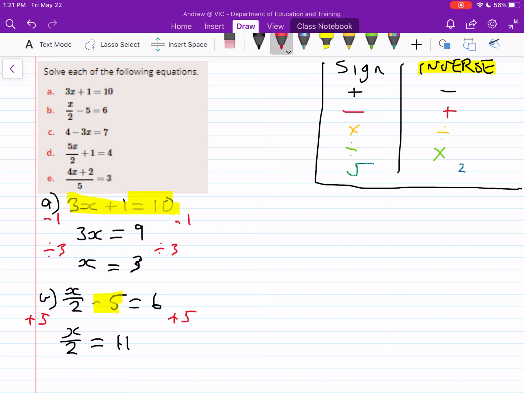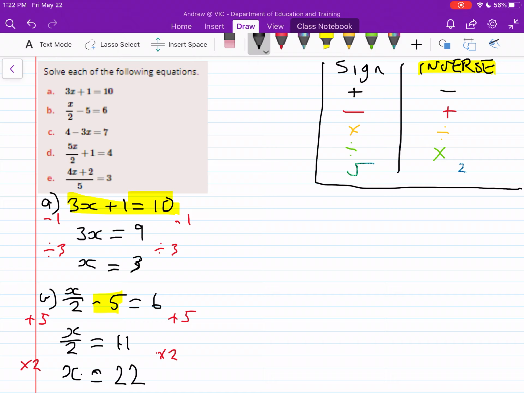Now we've got x over 2. This means x divided by 2. So to get rid of a divide, we need to multiply. So we need to multiply both sides by 2. So now those 2's cancel out, so it just leaves x, and then 11 times 2 is 22.